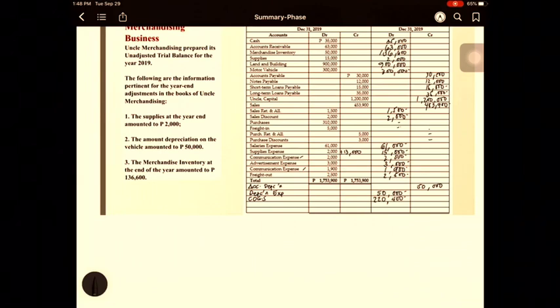Okay, so how much is the total for the debit side? I was able to compute a total of 1,795,900. Before we total your credit side, let us counter check.